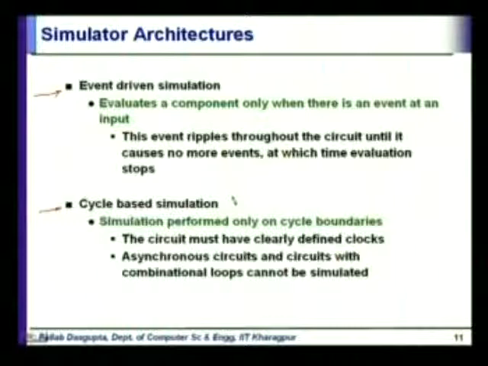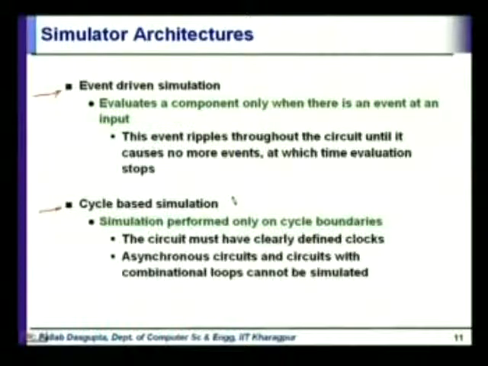But if you are interested only in the steady state value, because that is the value which is going to get latched into your flip flops at the end of the clock cycle, then we might as well wait for all the inputs to stabilize and then just simulate the whole circuit with that new set of inputs, right?